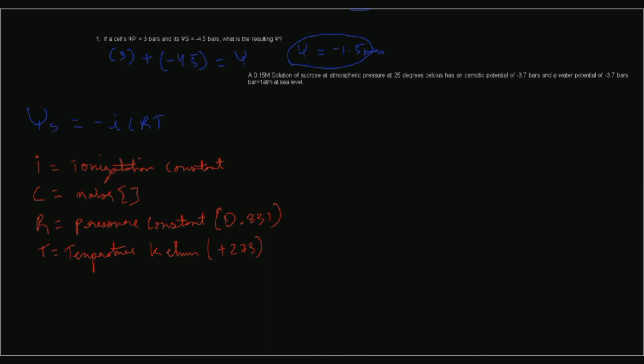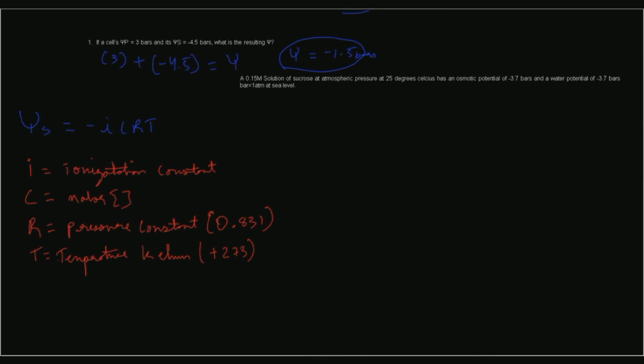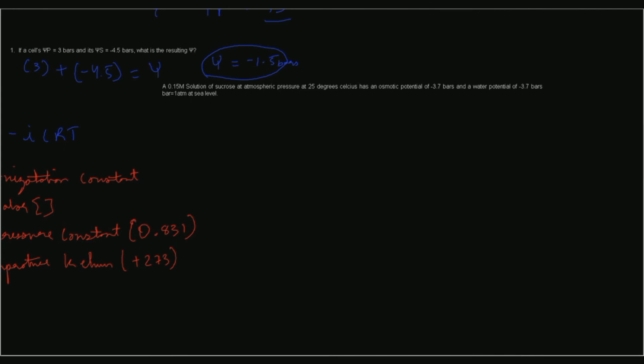Okay, so now we can go ahead and solve this. The question says a 0.15 molar solution of sucrose at atmospheric pressure at 25 degrees Celsius has an osmotic potential of -3.7 bars and a water potential of -3.1 bars, equal to 1 atmosphere at sea level.